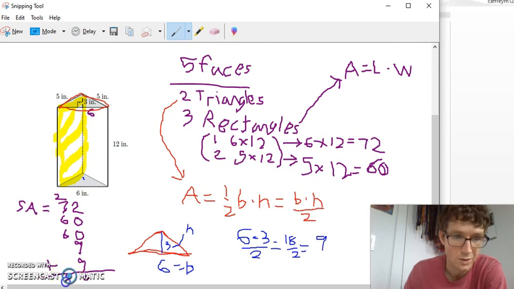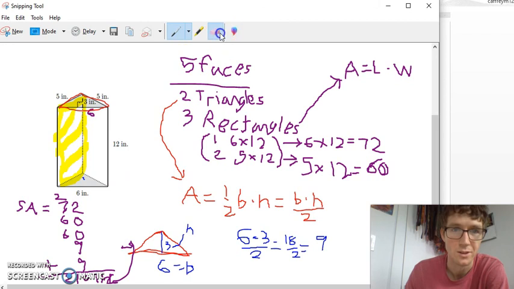So our total surface area will be 210, and because we're in inches right here, surface area or any area problem will always be in units squared. So because we were in inches, our area will be in inches.